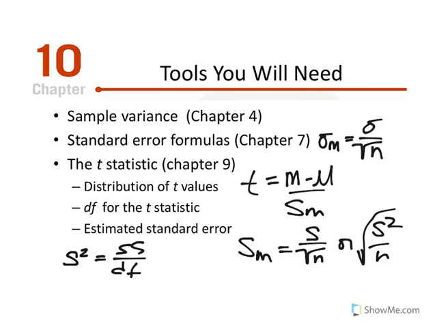And again, all of the phrasing for the different t families just has to do with how many samples we are looking at, and what the participants look like in those samples. Are they the same individuals or are they different individuals? So again, a brief review.